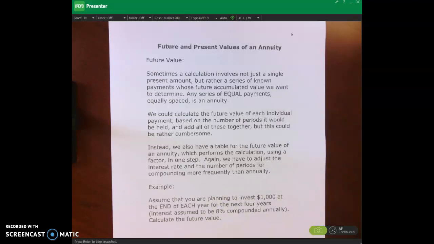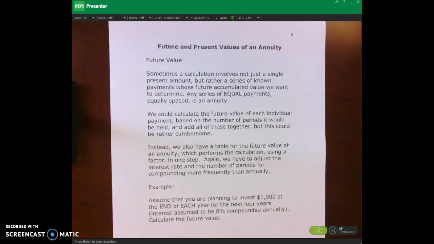So sometimes what we want to do is calculate not just the future value and present value of single dollar amounts, but also calculate the present value and future value of annuity situations. And remember, an annuity, just to make sure you understand, is equal cash flows equally spaced. So $500 year one, $1,000 year two, and then $500 year three, that's not an annuity because it's not the same cash flow, even though it's equally spaced out every year.